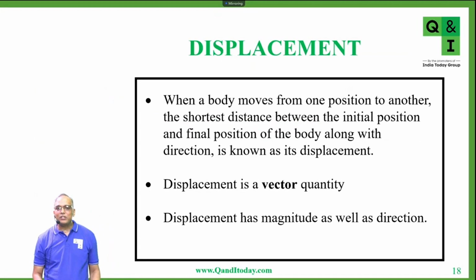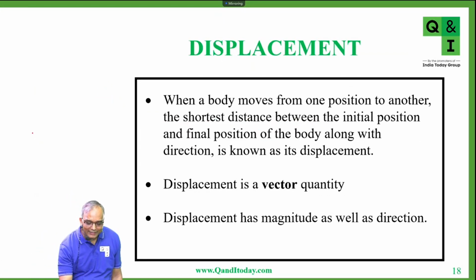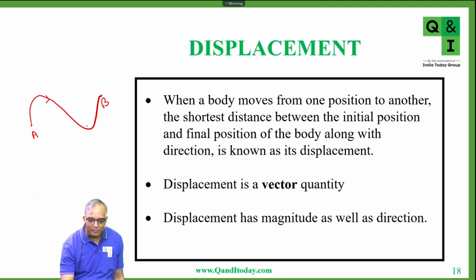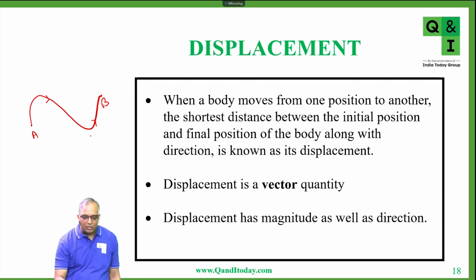Now let's come to displacement. Again, we take the same example. Let's say the body is at A and it has to go to B. This is the path it is taking to go from A to B, and this is the length of the path, right? If the path length is distance, now consider the shortest distance between the initial and final position. How will you find the shortest distance?